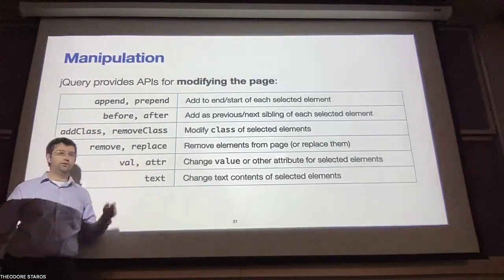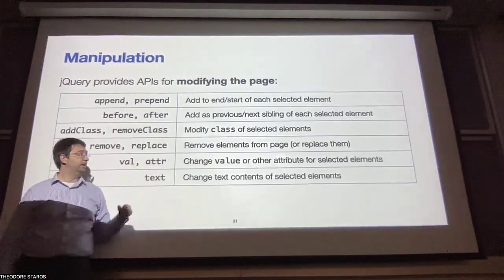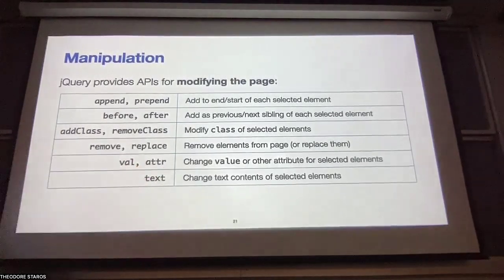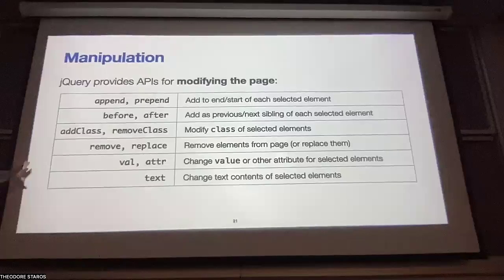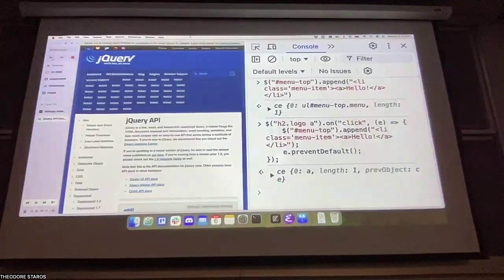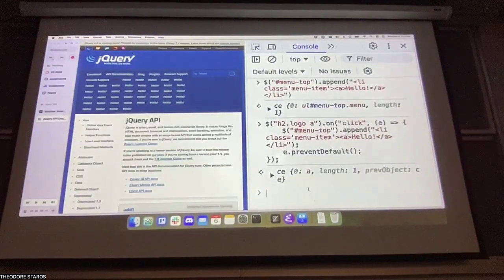These are convenient for forms, so the val method changes the value, the attr method changes the attribute, and .text, you've seen me use, gives you the text contents. And the way a lot of these methods down here work is that if you, let's just select the first paragraph.